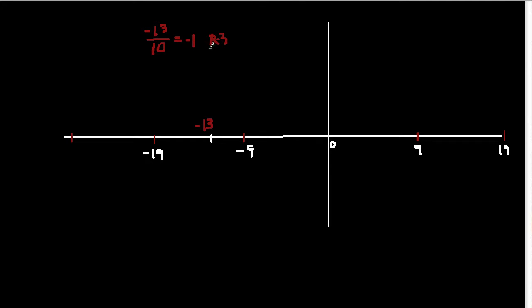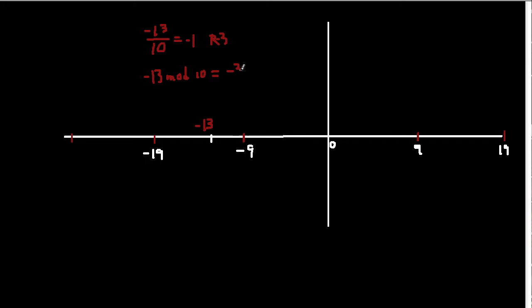Okay, so 10 goes into that -1 with a remainder of -3. So according to this way of doing modular arithmetic, I could say that -13 mod base 10 is equal to -3.